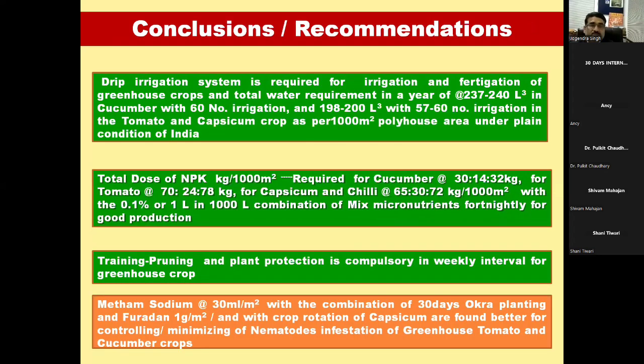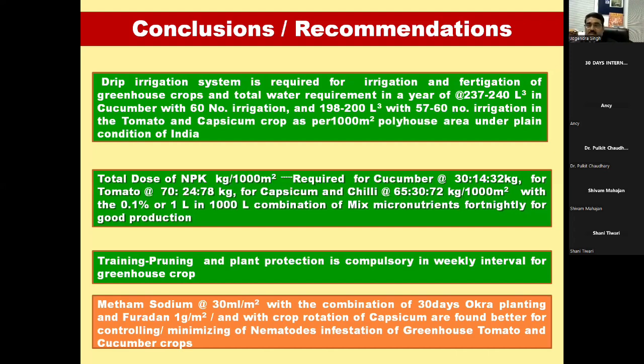So the drip irrigation system is required for the irrigation and fertigation of the greenhouse crop, and the total water requirement in the year is at the rate of 2372240 lakh per cubic meter.